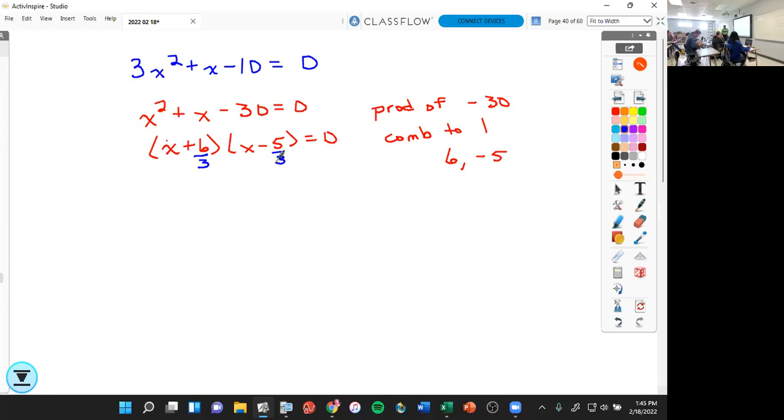Do they reduce? One of them does. If they do, they must. Got it? If they do, they must. So this one does reduce. So this one becomes? Does this one reduce? Then I've got to get rid of that 3. So I'm going to pull that 3 and stick it right there. It's factored, folks. That's the answer.